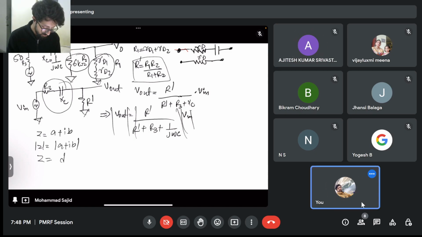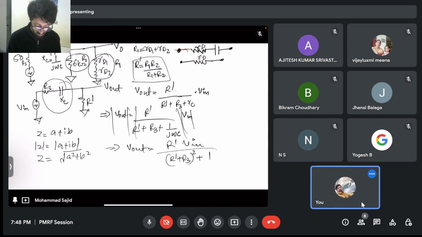Root of A square plus B square. Yes. Same will happen here. The V output magnitude will be R dash V in, and in the denominator it will be the square root of R dash plus R3 whole square plus the square of 1 by omega C.